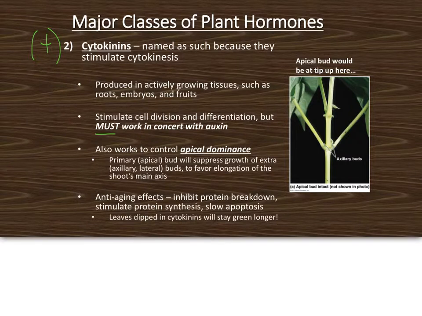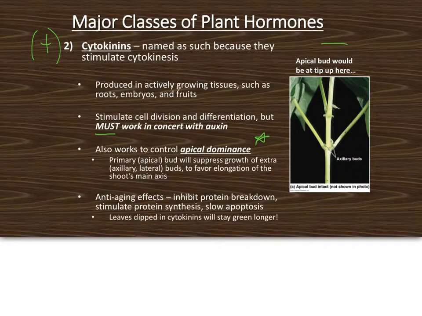Now, one of the major jobs of the cytokinins is to control apical dominance. This is the idea that a plant will generally grow at the apical tip before it grows from its axillary buds. In other words, elongation of the plant, the height of the stem, is sort of like the top priority.